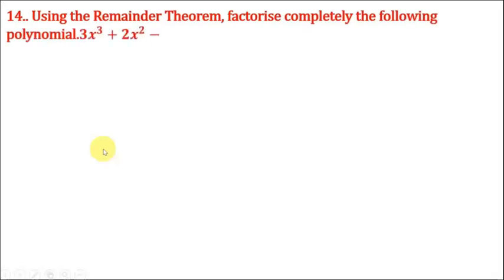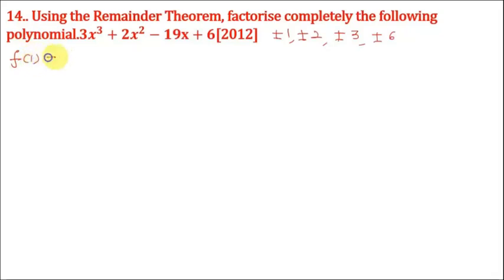Now the next example, again using the remainder theorem, factorize completely the following polynomial: 3x cube plus 2x square minus 19x plus 6. Again, we'll check here. The factors of 6 are plus or minus 1, plus or minus 2, plus or minus 3, and plus or minus 6. First, whether f of 1 is 0.